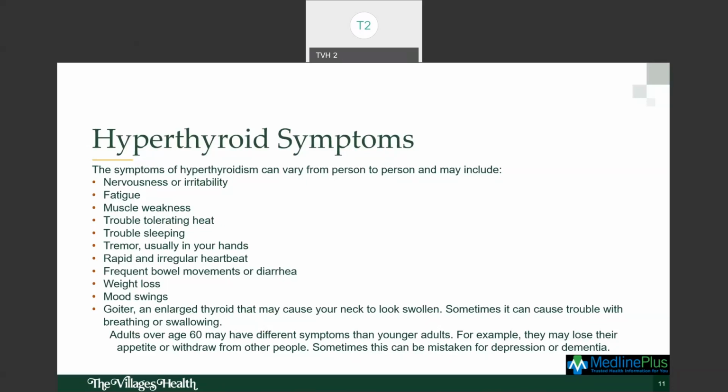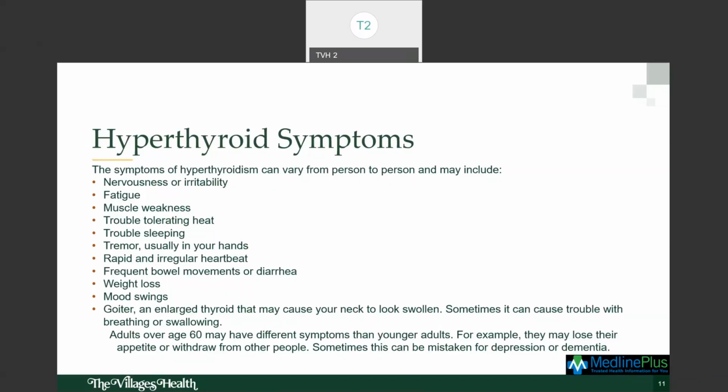Now, if you're used to working outdoors or exercising outdoors and all of a sudden now you're not able to even walk outside to check the mail because you just cannot tolerate the heat or humidity, this could potentially be a symptom of hyperthyroidism.